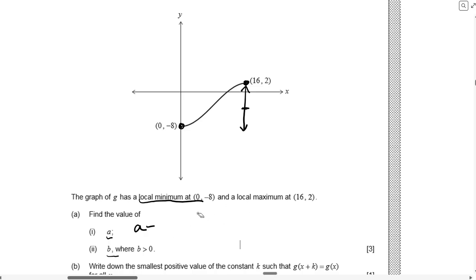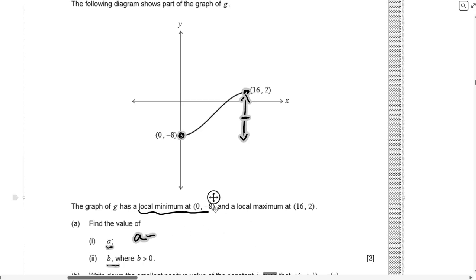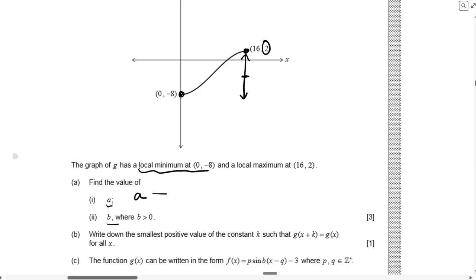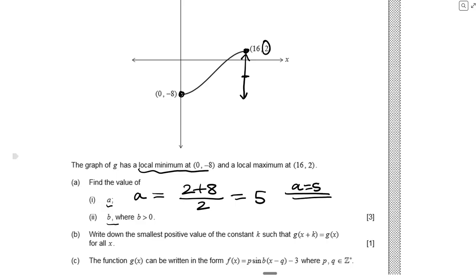Sorry, I mixed that up. What we have is our y coordinate is -8, and the other y coordinate is 2. So a is equal to 2 minus -8, that is plus 8, 10, and we have over 2, right, we want the half of that, so that's 10 over 2, 5. a is equal to 5, and hopefully that makes sense.